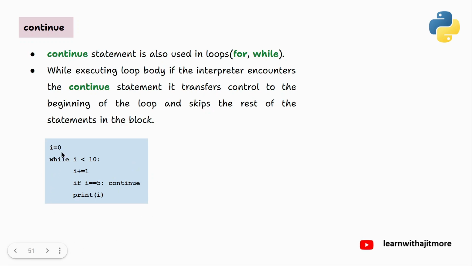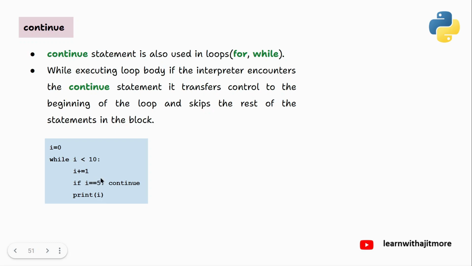Let's see the code. See the example, here I have written i equal to 0. Then I'm checking whether i is less than 10. Yes, I'm incrementing i by 1 and checking whether it is 5. No, then I'm printing. After printing, again come and check.